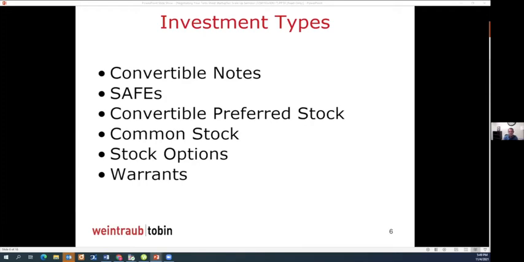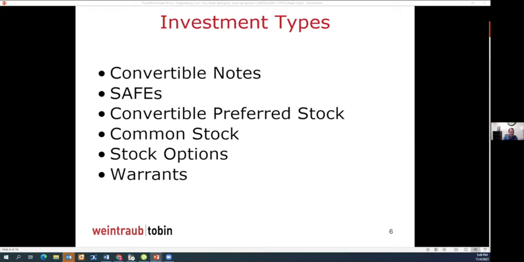That's a pool of stock that sits there and is available to incentivize folks that are working with you, either to align them with the interests of the company or to give them a little bit of a kicker because you're a startup and you can't really pay them that much money yet. So that's the stock option terminology.